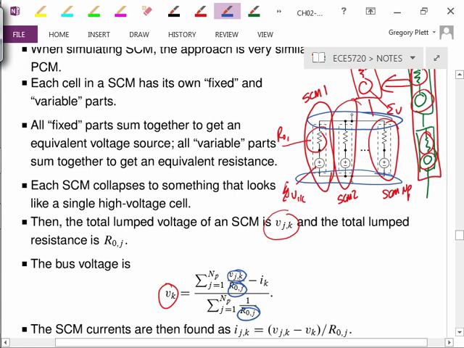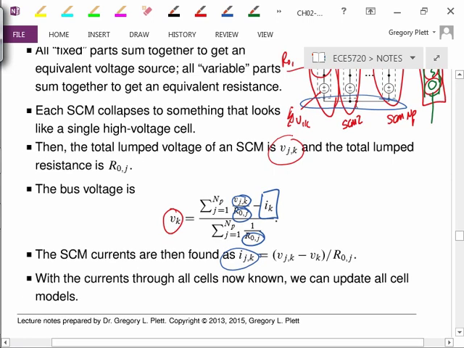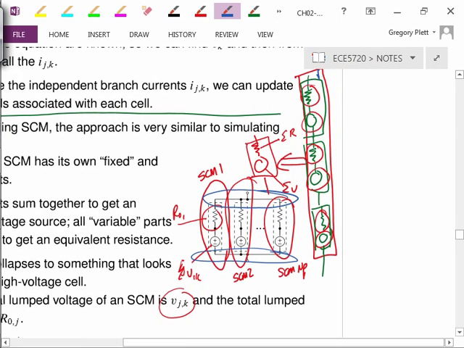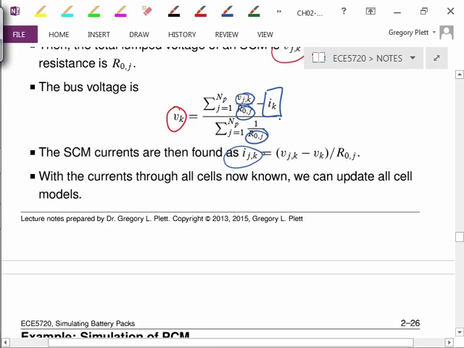But because of that, I know the pack current. I solve for the bus voltage. Once I have the bus voltage, I solve for the SCM currents, just as before. And now that I have the currents through each SCM, the same current, by the way, goes through all of these. The same current goes through every cell in an SCM. And I can compute updates to all of the cell models using that value of input current.